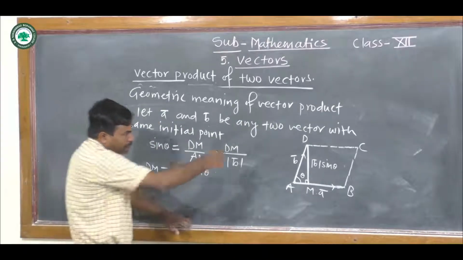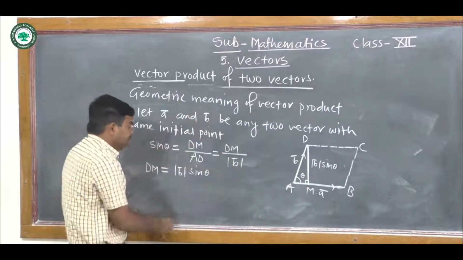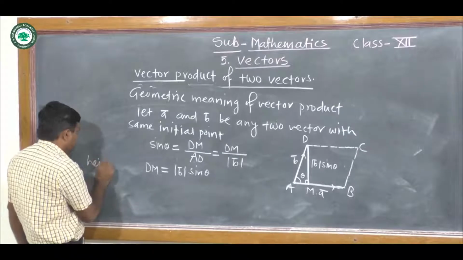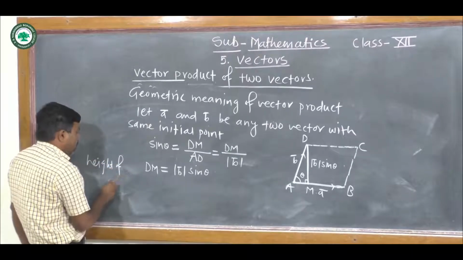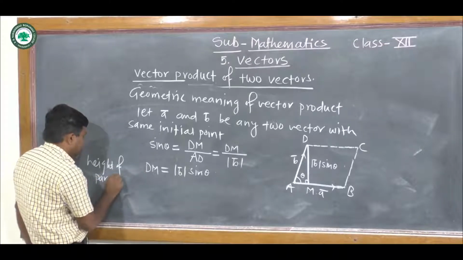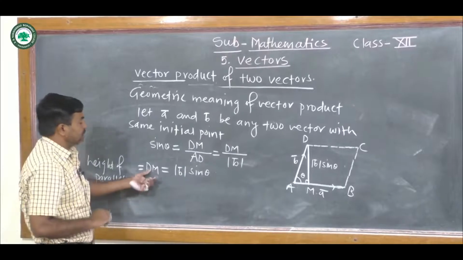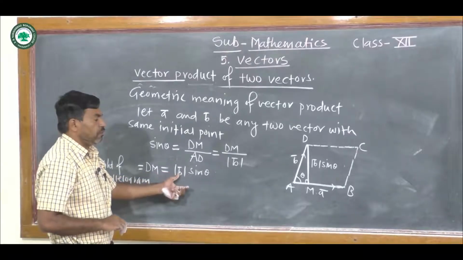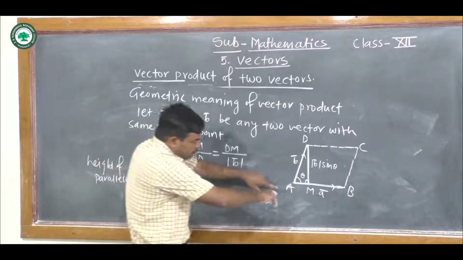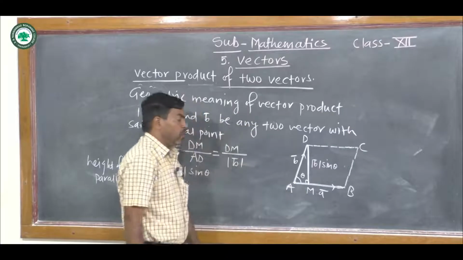Now this DM is the height of this parallelogram. Height of parallelogram, that is DM, is equal to magnitude of vector B into sine theta. Now this segment AB is the base of the parallelogram.